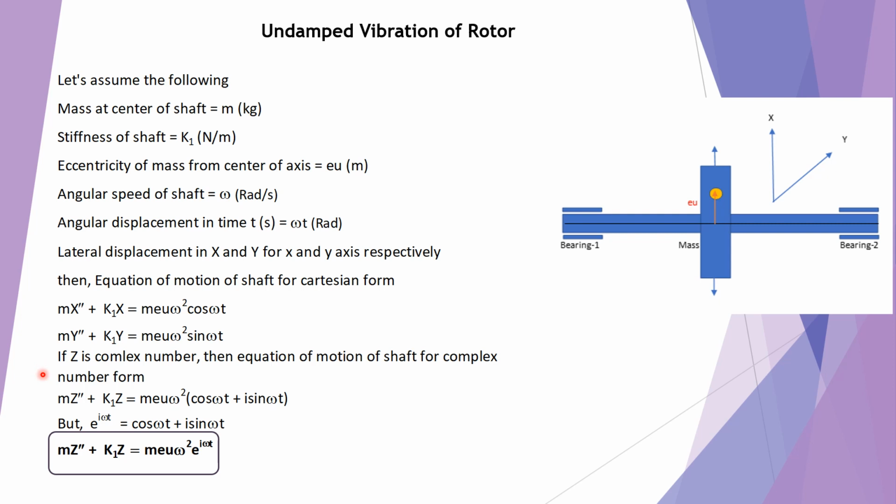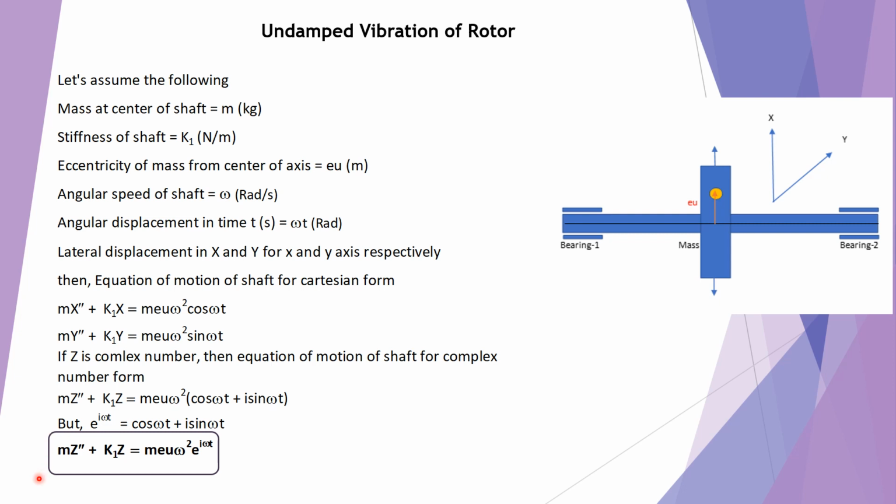If z is the complex number, then the equation of motion of shaft in complex number form we can write as m into z double differentiation plus k1 into z is equal to m into eu into omega square into bracket start cos omega t plus i sine omega t bracket close. But e to the power i omega t is equal to cos omega t plus i sine omega t.